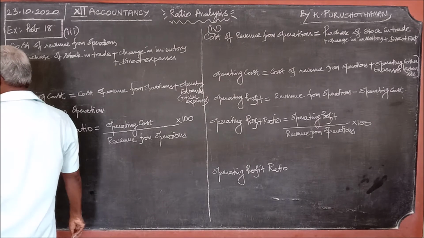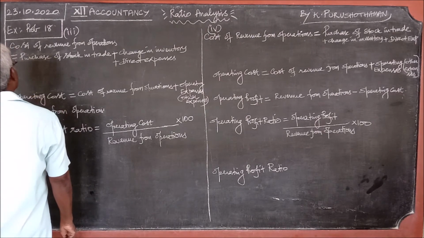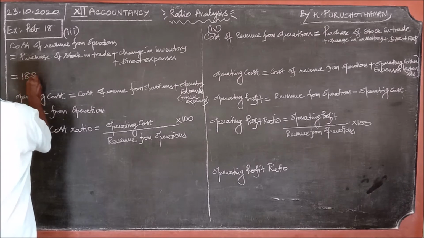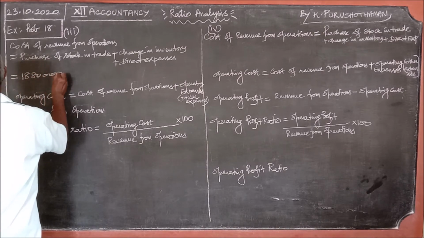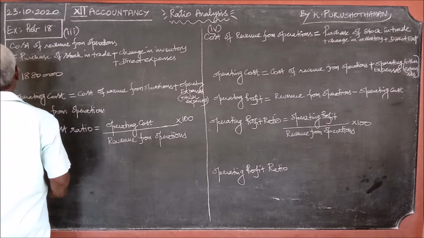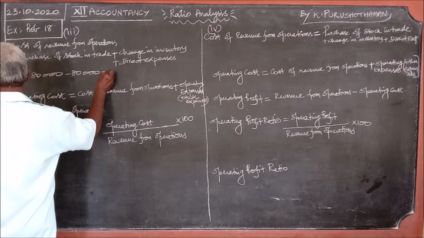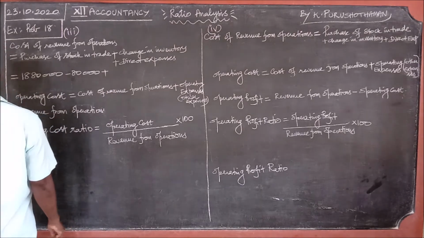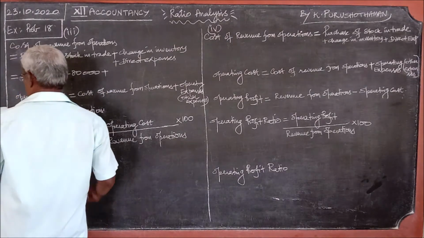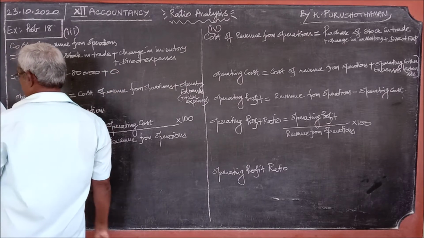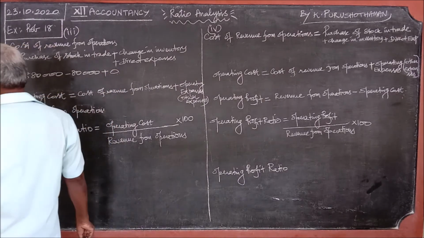Cost of revenue from operations. For this, purchase of stock in trade, 18,80,000. Then change in inventory is minus 80,000. Plus direct expenses, nothing, 0, it is given.